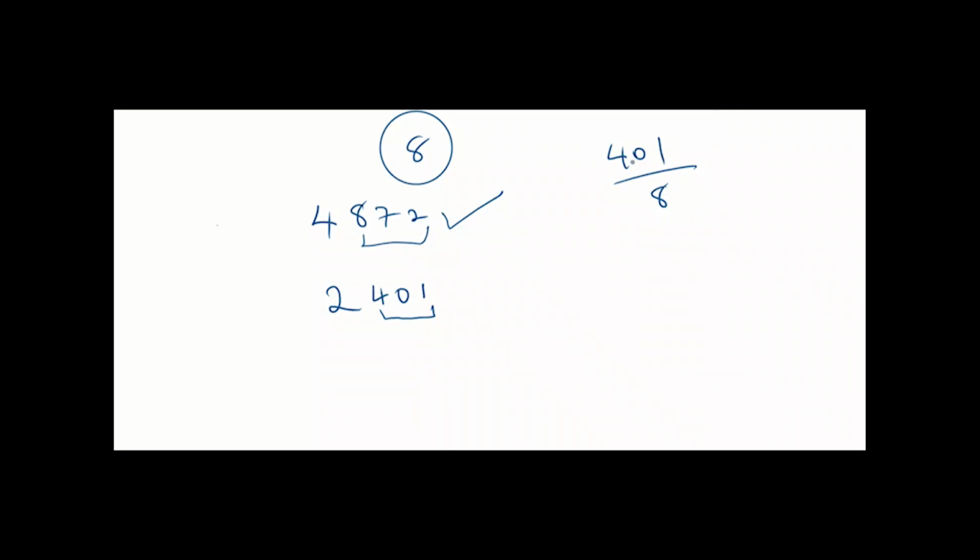Then you pick 40. 8 goes in 40 five times. Then 8 goes in 1 zero times, remainder 1. So that means 401 is not divisible by 8. Since the last 3 digits are not divisible by 8, then 2,401 as a whole is not divisible by 8. So that is how to get the rule of divisibility of 8.